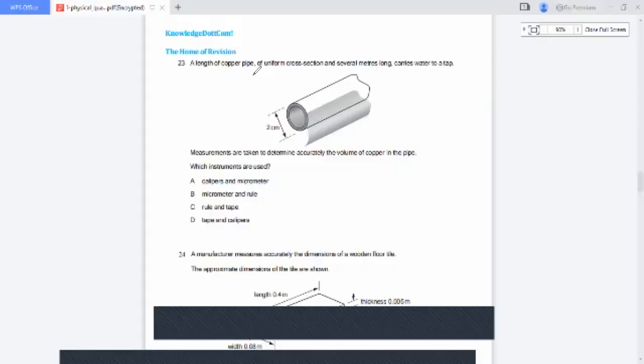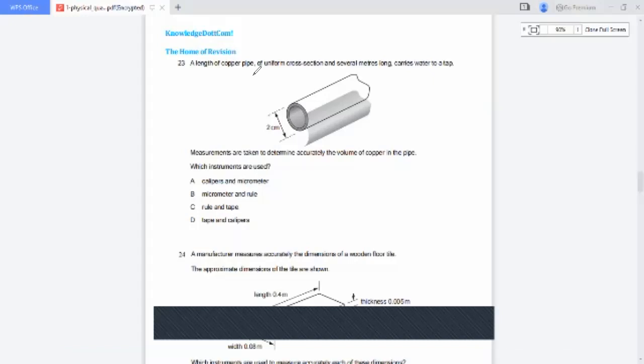Number 23, a length of copper pipe, of uniform cross section and several meters long, carries water to a tap. Measurements are taken to determine accurately the volume of copper in the pipe. Which instrument is used?